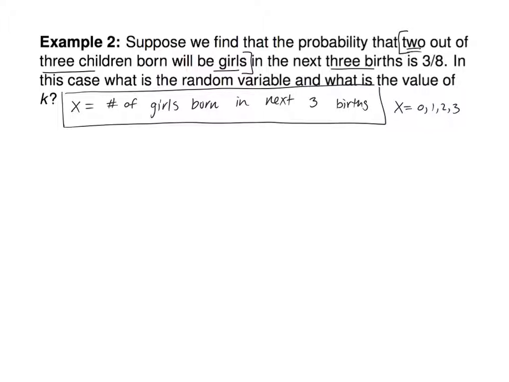We're talking about k equals 2. Does that make sense? The random variable is how many girls, and we were told the probability that 2 out of 3 are girls, so we know k is 2. So this sentence is saying P(X = 2) is equal to 3/8.